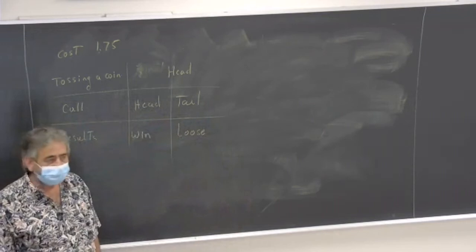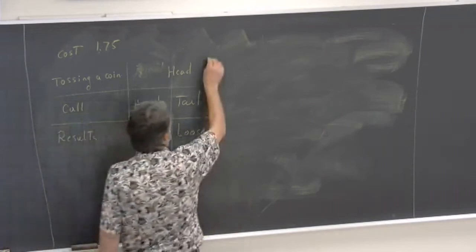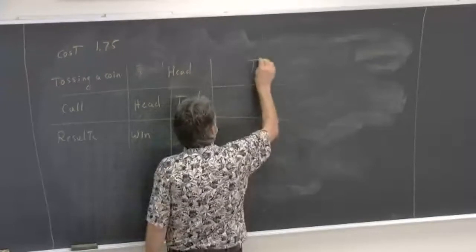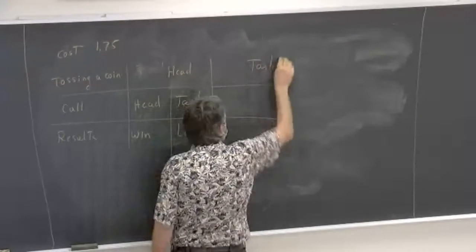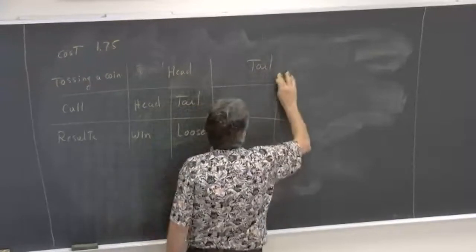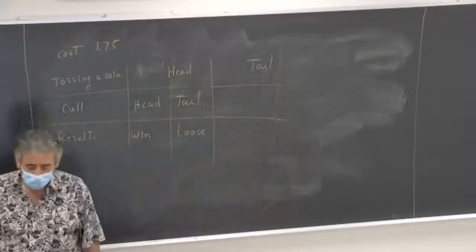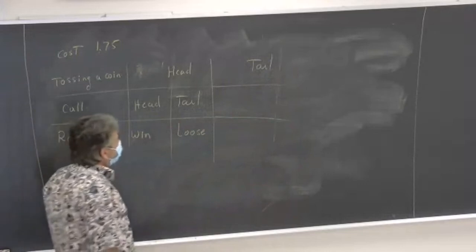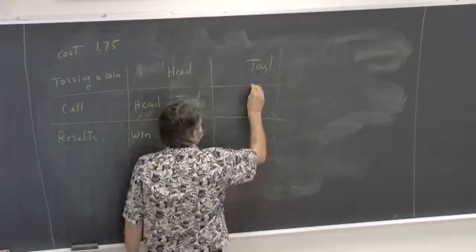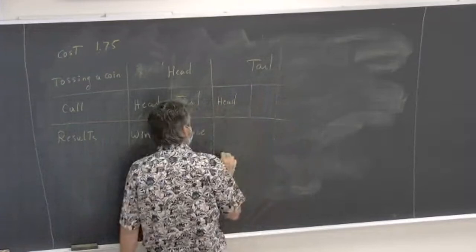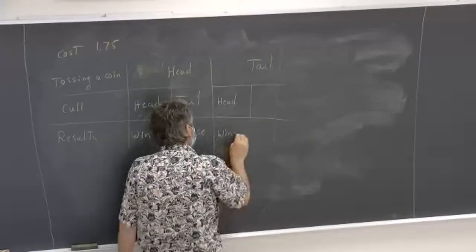So once again, the result could have been a tail. And before you draw tail, he could have called head, and then he wins.